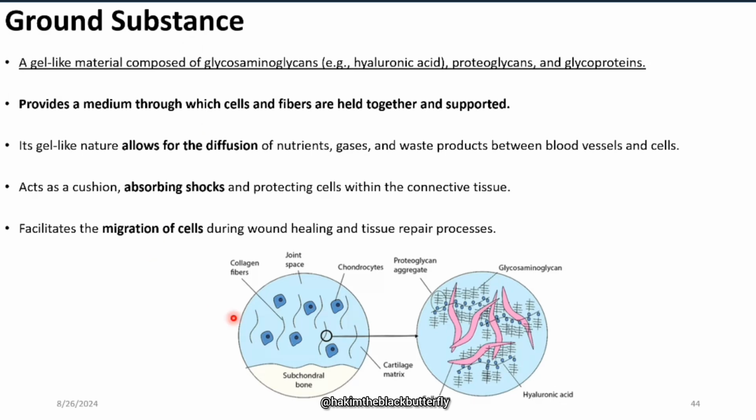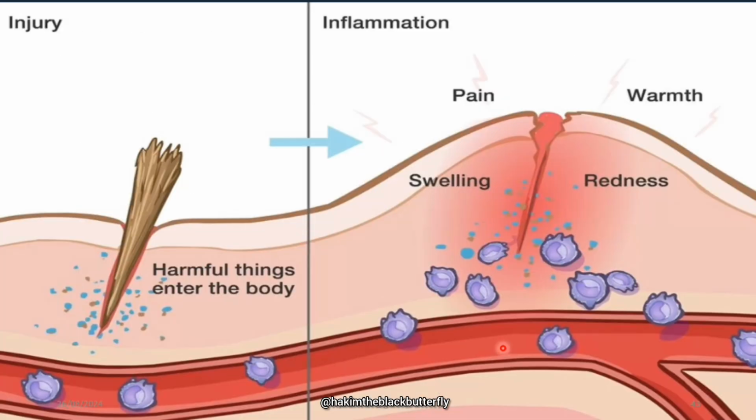This ground substance can allow easy migration of cells during wound healing. For example, the white blood cells can easily migrate to the particular part of the connective tissue that may be injured, just like as you're seeing here, white blood cells are migrating, going through the ground substance.